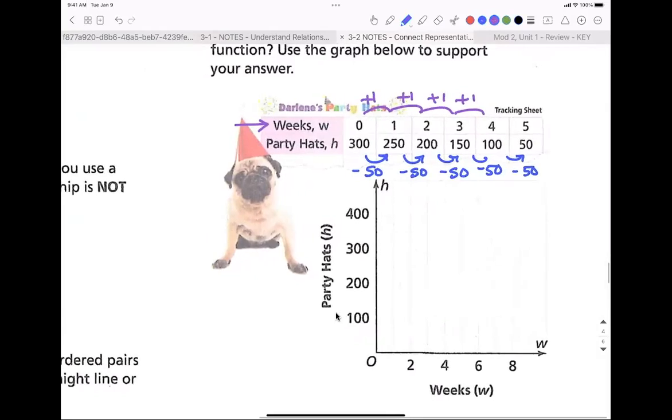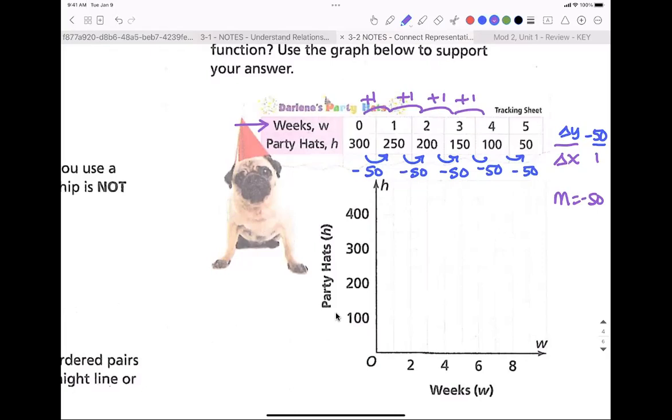So could you say that your slope is your change in Y over your change in X? Well, it's a constant change. Your Y's go down 50 each time, and your X's go up 1 each time. So your slope here would be -50. Make sense? It's a constant plus or minus. So this would be linear, because your change in Y over your change in X is constant.